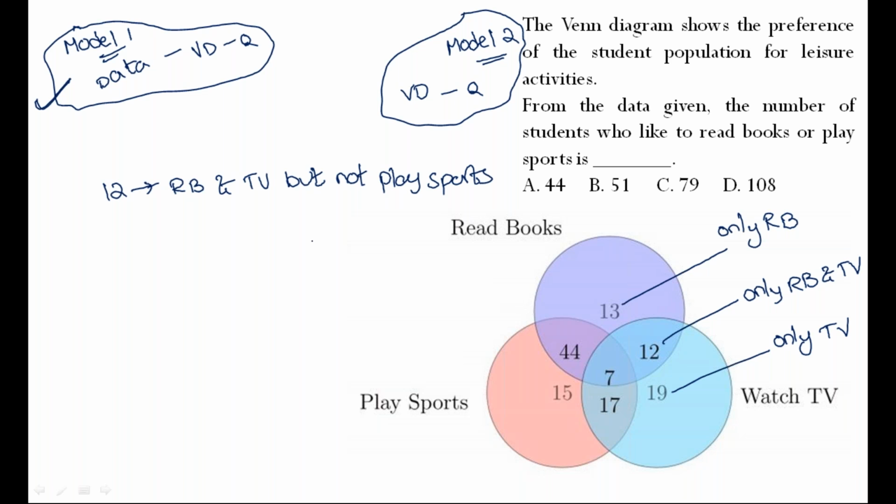Or else simply I can say only read books and watch TV. Both are the same. Right. Now friends, let me know what is that 17. 17 is only play sports and watch TV.